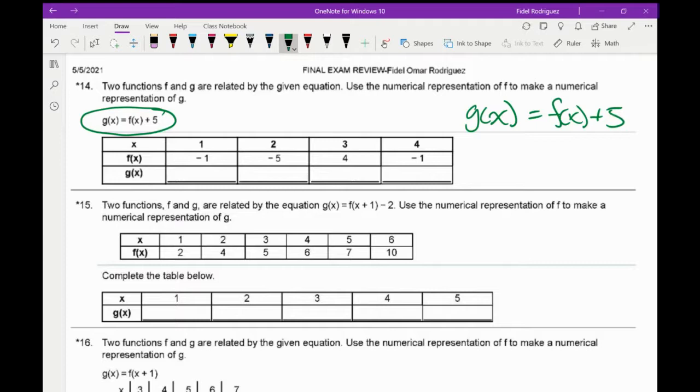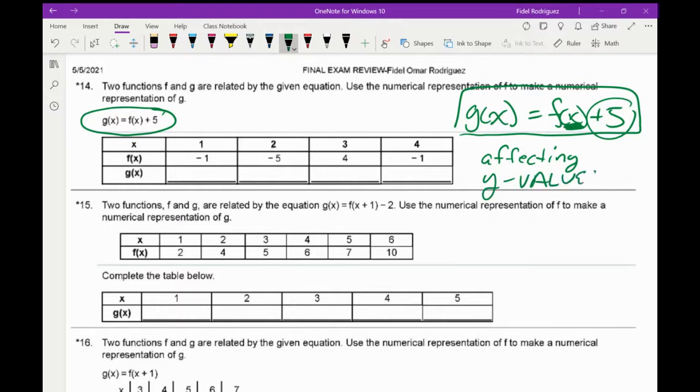Okay, so because g of x is written like this, y'all, and there's no change to the inside part right here, that means the only thing affecting it are the y values, okay? So what I'm going to do is look at the y values for my f of x, which is this row right here.